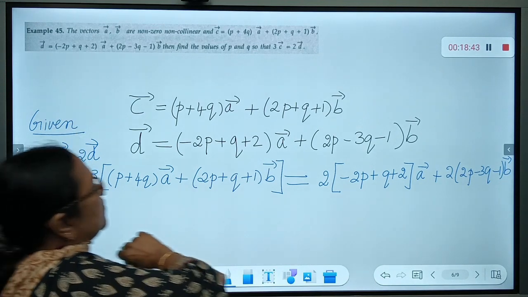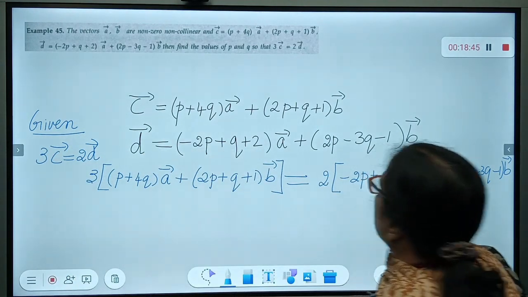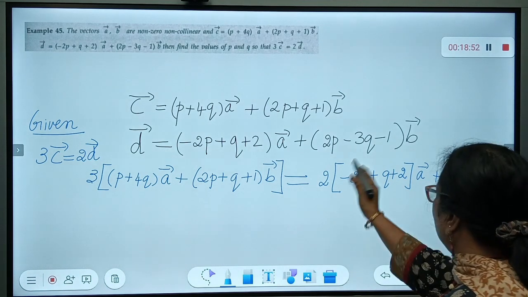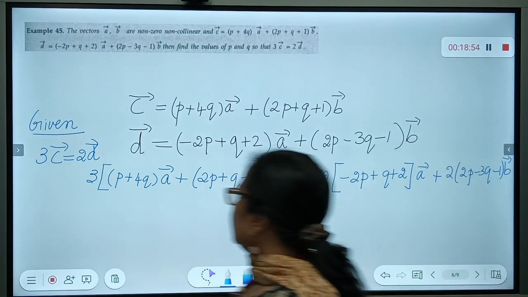So 2 times (minus 2p plus q plus 2) times A vector plus 2 times (2p minus 3q minus 1) B vector. I have individually multiplied by 2 here.